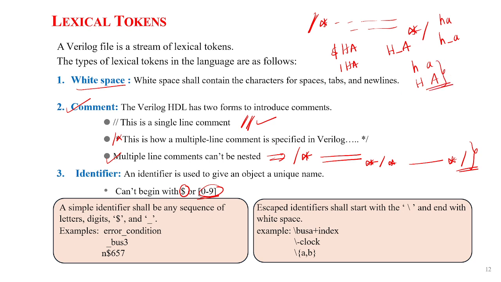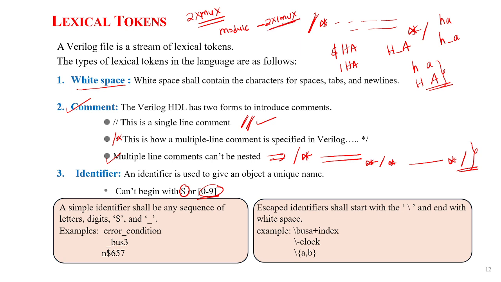A simple identifier can be any sequence of letters; a dollar can be included. Suppose you are writing a 2 cross 1 mux, what is my module name? If it starts with a number the identifier will not be accepted. So it becomes underscore 2 cross 1 mux.